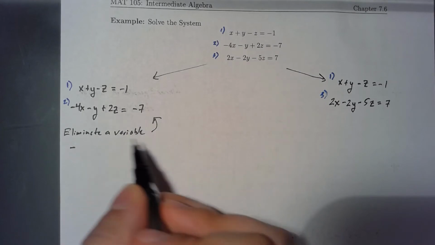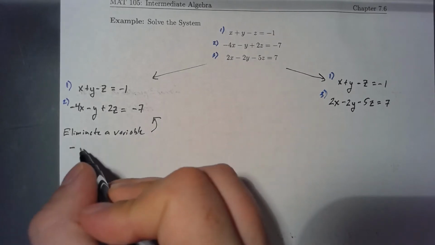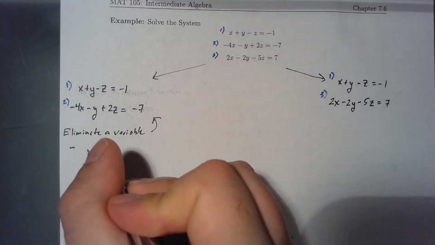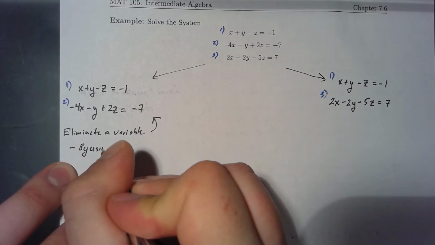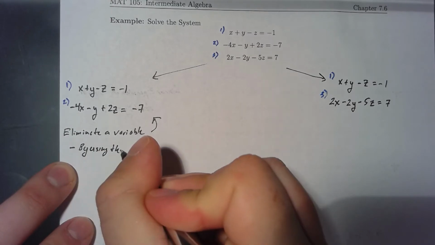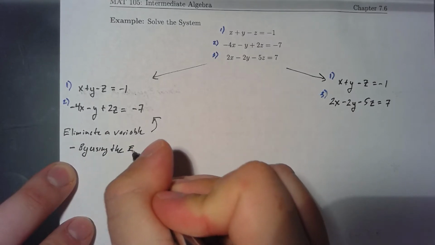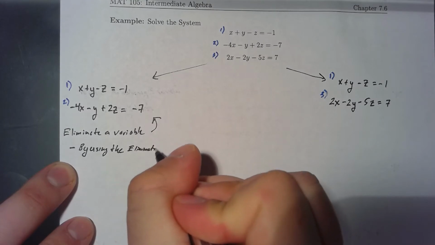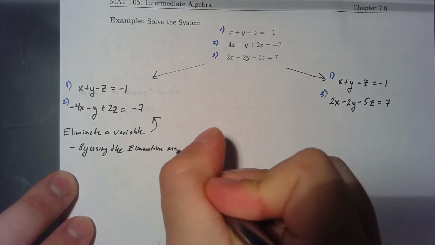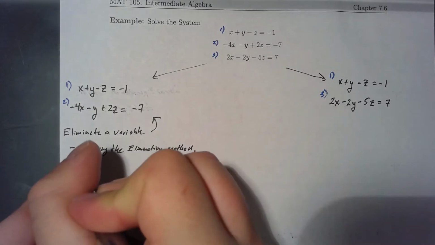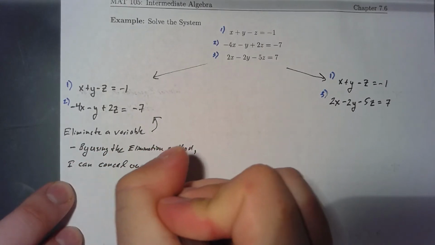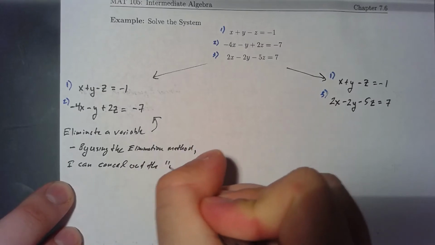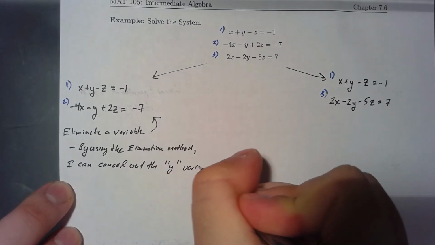So I'll just jot down here, by using the elimination method, I could cancel out the y variable above.